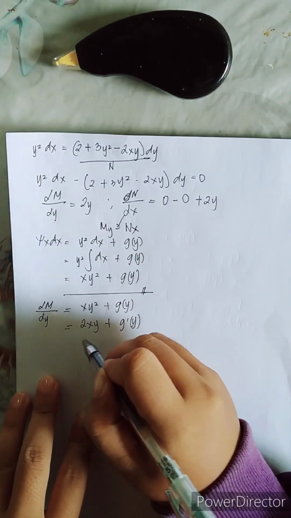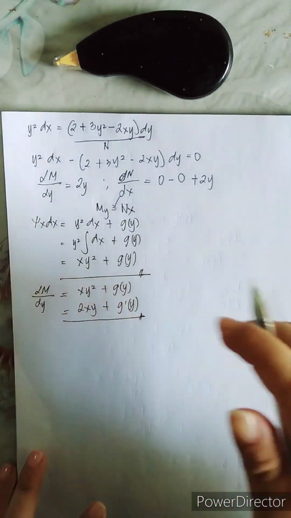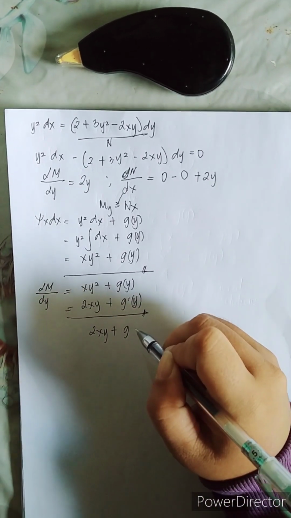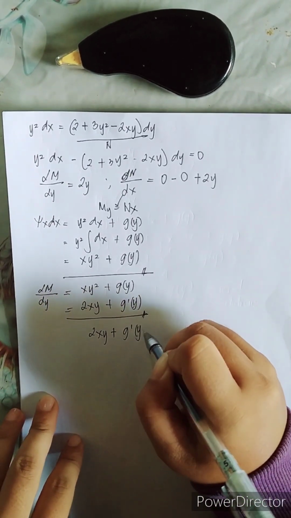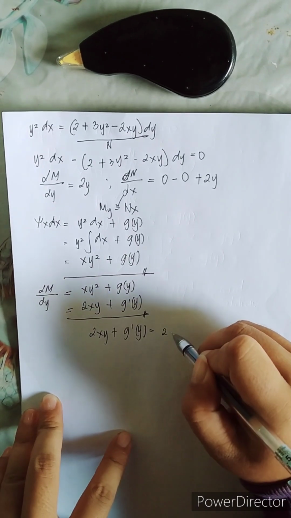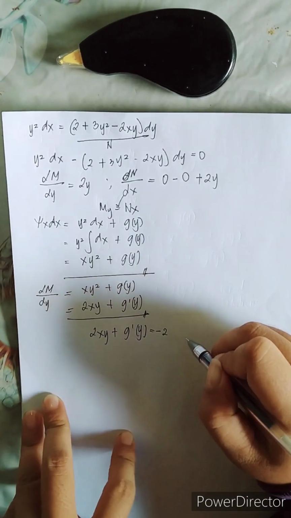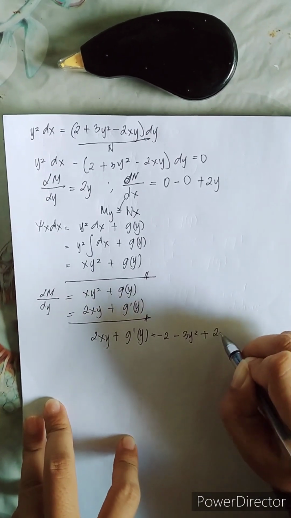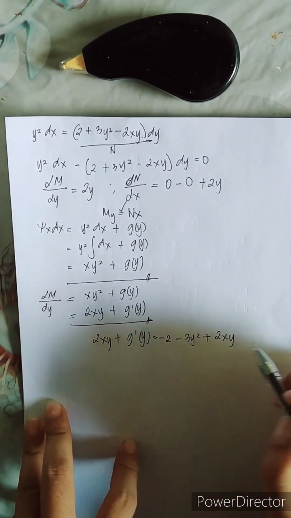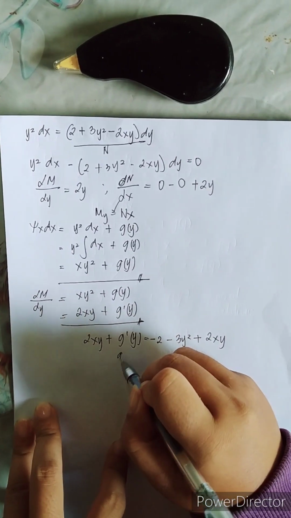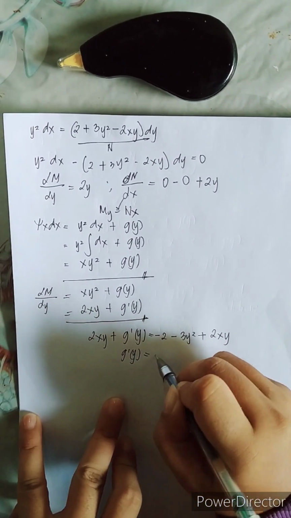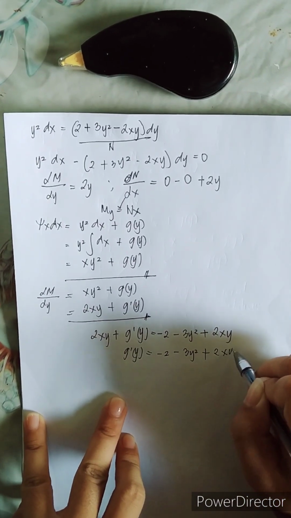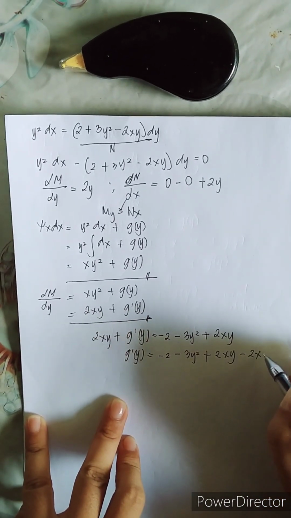Then equate this equation to our N term: 2xy plus g prime of y is equal to negative 2 minus 3y squared plus 2xy. Transpose 2xy to the right side. G prime of y equals negative 2 minus 3y squared plus 2xy minus 2xy.